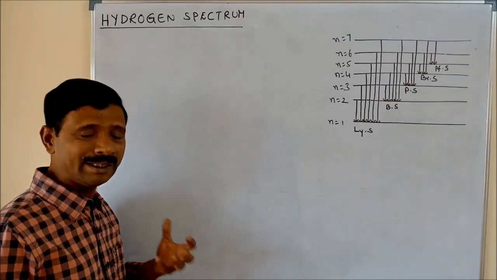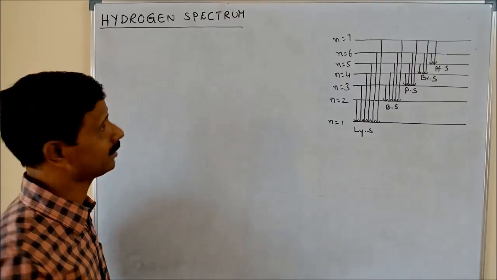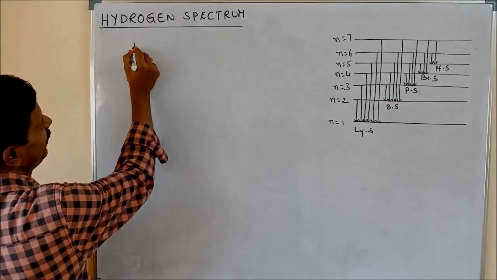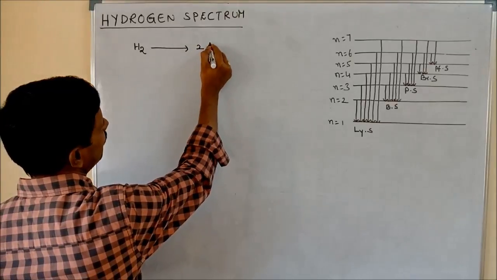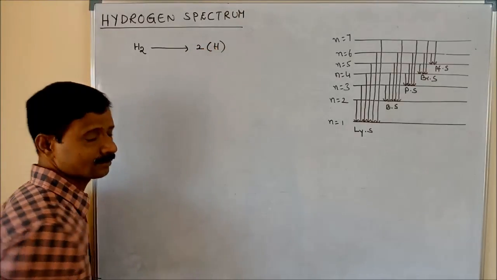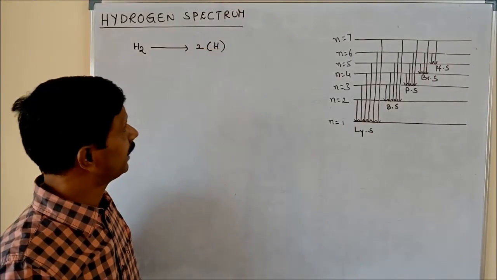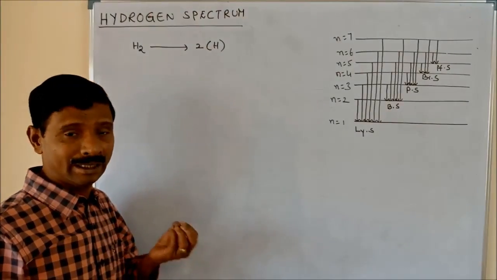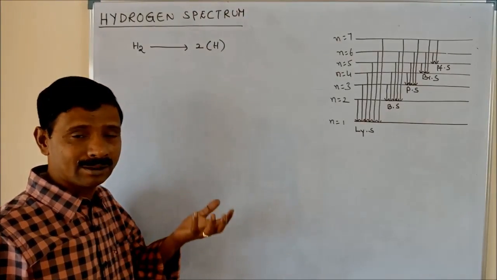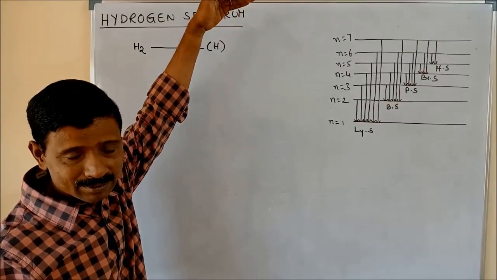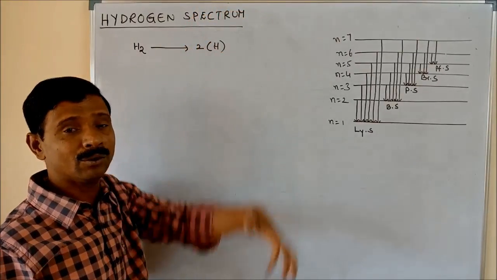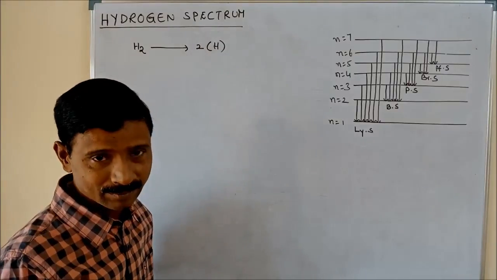So whenever you heat hydrogen gas in a discharge tube, what will happen? Hydrogen molecules are going to dissociate into atoms. Now the electrons present in those atoms are going to absorb energy and get excited into higher levels, depending upon the amount of energy that they absorb.